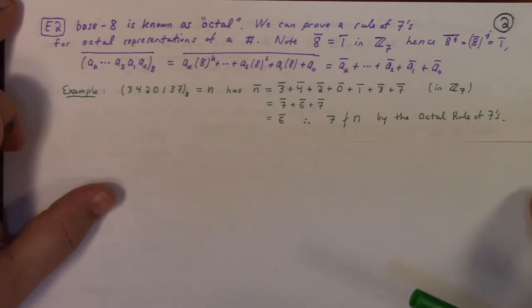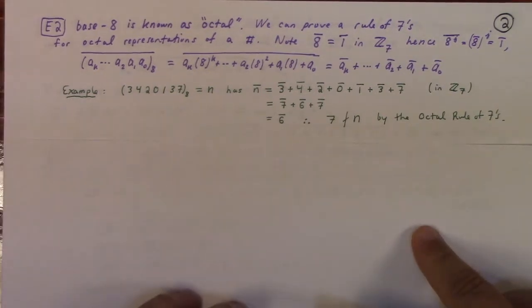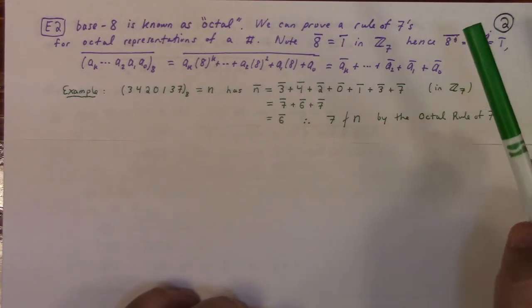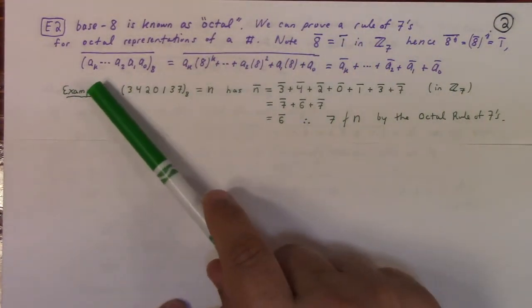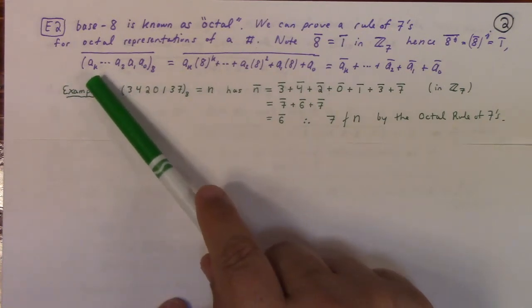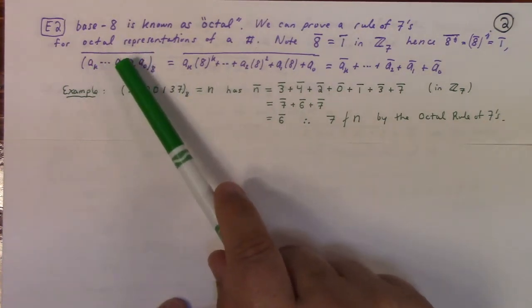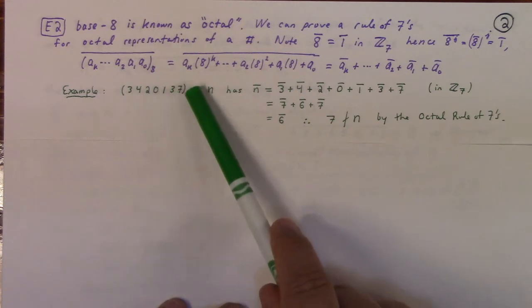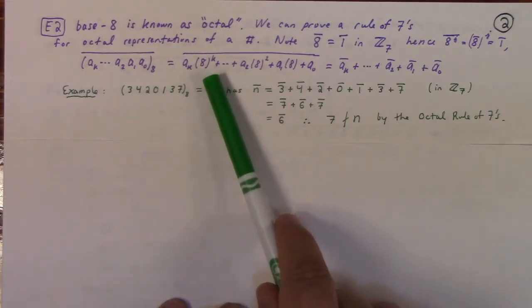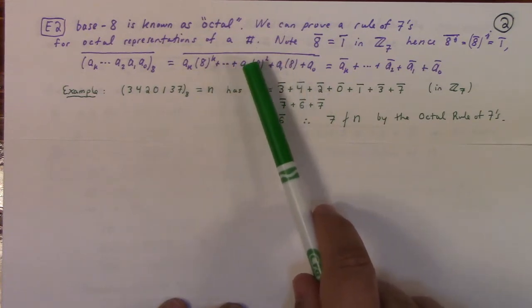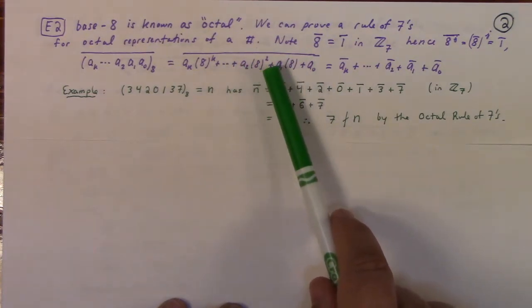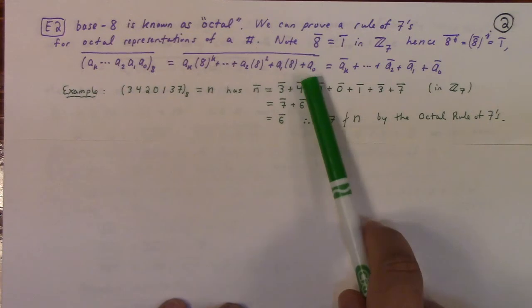So anyway, what's the rule? There's a rule of 7s in octal. So an octal number would look something like a_k, ..., a_2, a_1, a_0 base 8, which means a_k times 8 to the power k, plus ..., plus a_2 times 8 squared plus a_1 times 8 plus a_0, right?